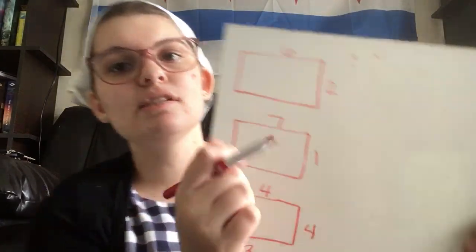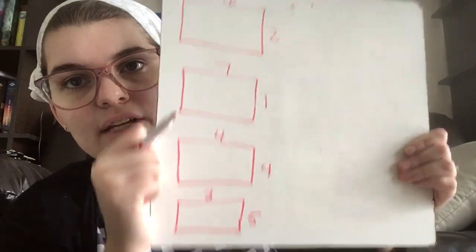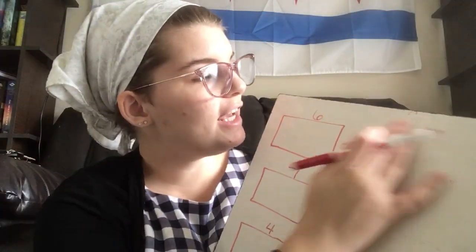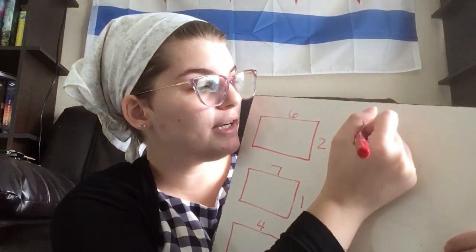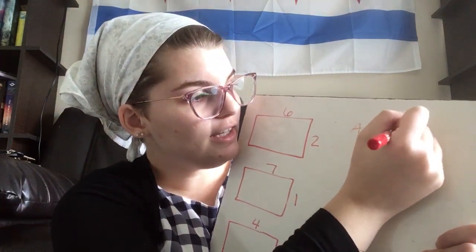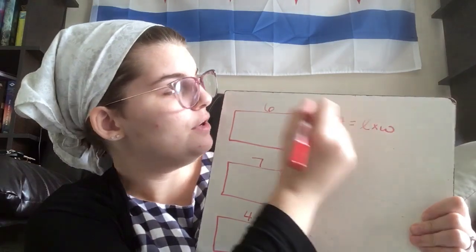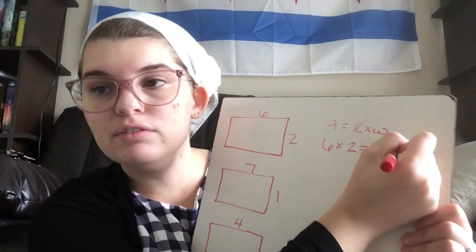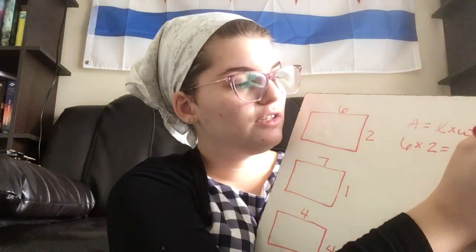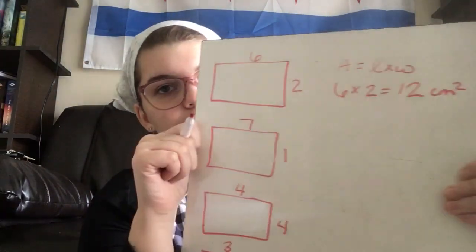So the way that this is going to work is now we have our rectangles set up and we're going to find the area of each of them. So 6 times 2, remember area is our length times our width. So 6 times 2 equals 12. These are all centimeters, so we're doing centimeters squared, okay?